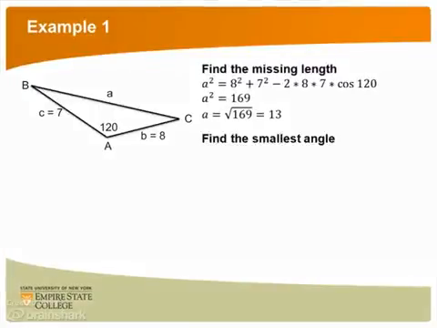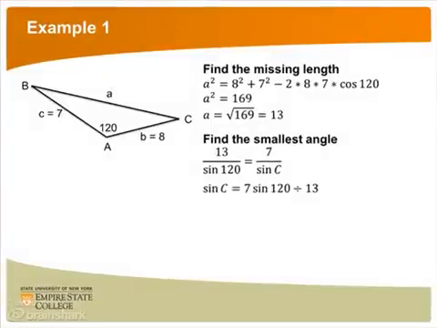Now we need to find an angle. To set the tradition, we will find the smallest angle, which is opposite the side with the smallest length. Because we know a length of a side and the measure of the angle opposite it, we can shift to use the law of sines. We set up our proportion, 13 over the sine of 120 degrees, equal to 7 over the sine of angle C. Cross-multiply and divide.